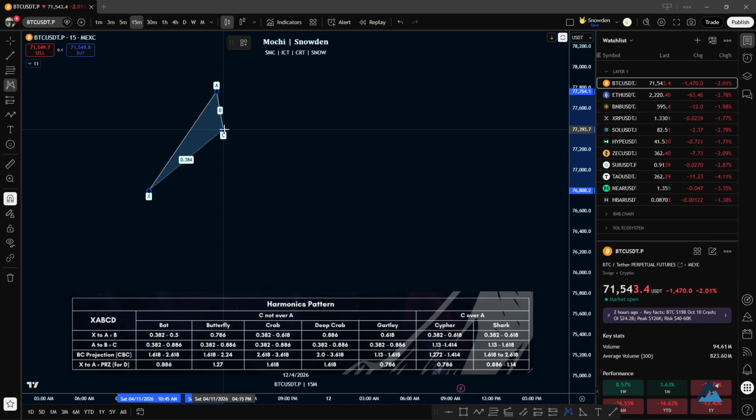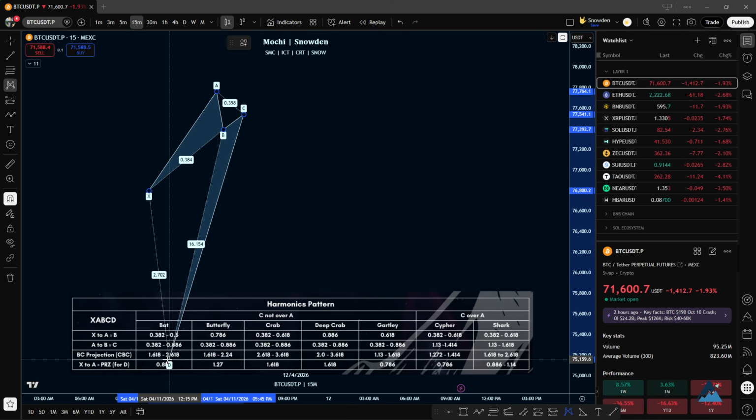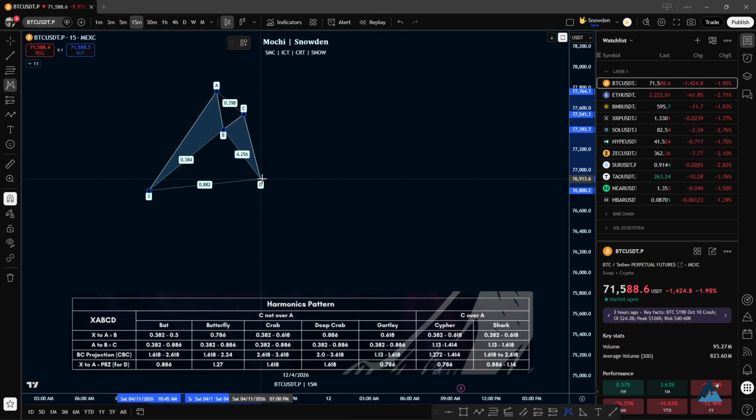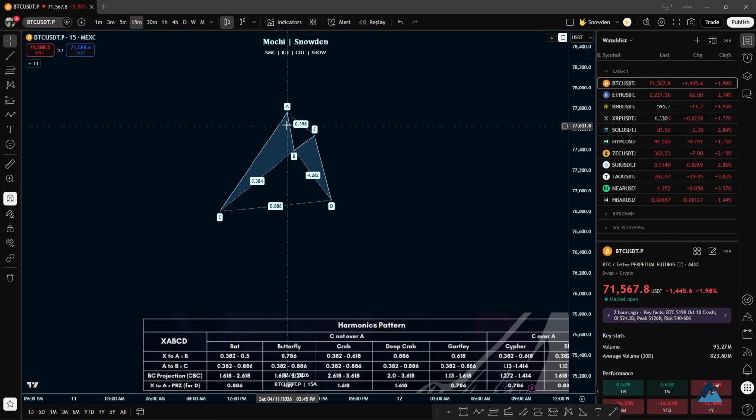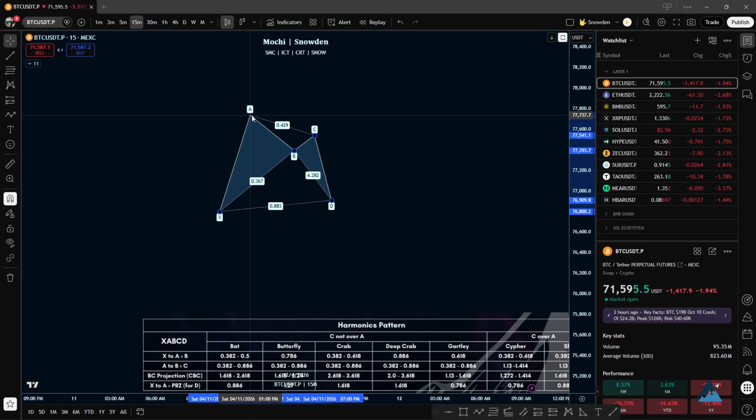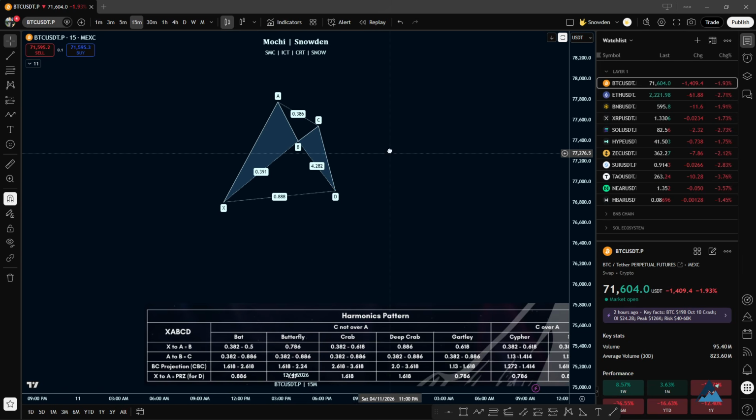Ang C leg is 382 rin. Dito banda. And then D leg ng bat is 886. This is a bat pattern. Okay. By the way guys, kahit ma-move to, walang problem dito, basta pare-pares yung sukat. Okay? This is a bat pattern.